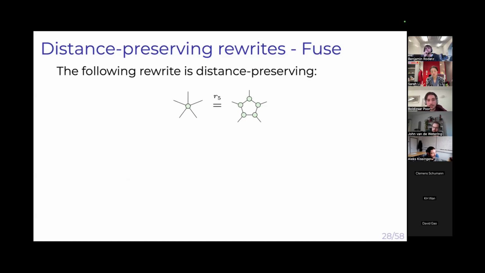Then another special case of fusion would be this R5 rewrite, where we replace this star with this kind of cyclic set of three-legged spiders. And so the previous rewrites we didn't need to consider detectable errors, but here we actually can think about them because there is a detecting region.